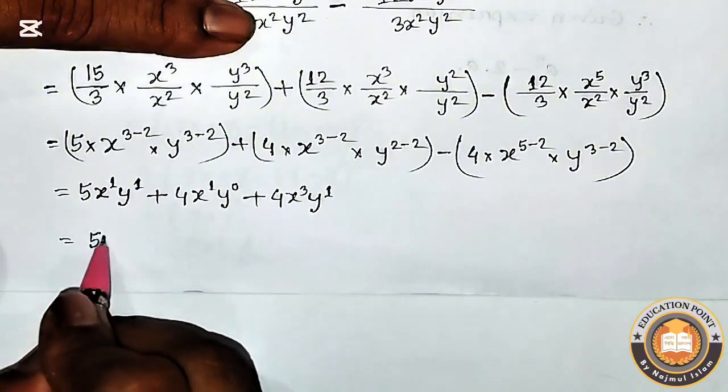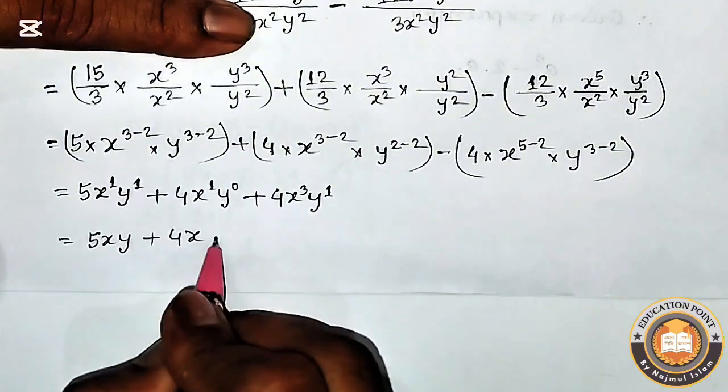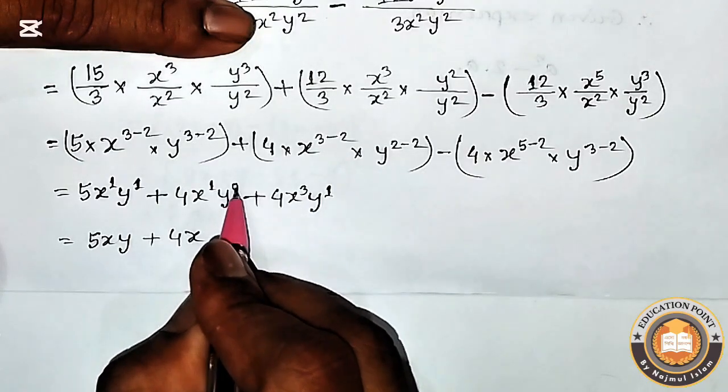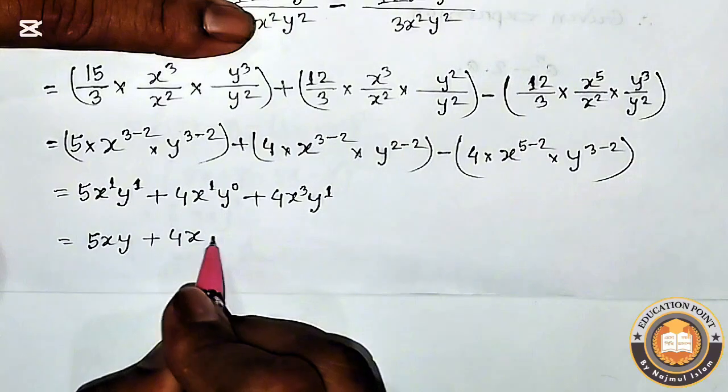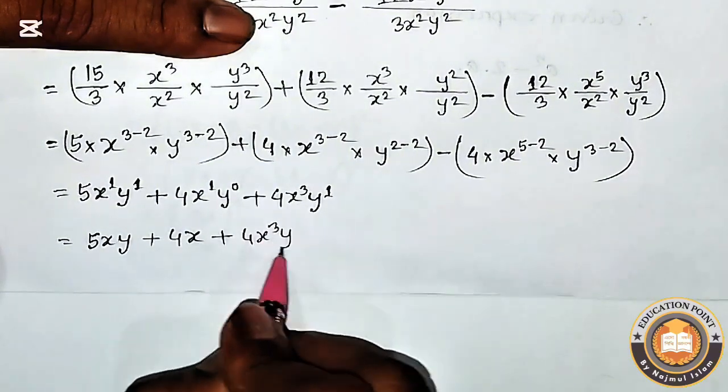So 5xy plus 4x, here y to the power 0 equals 1, plus 4x cube y.